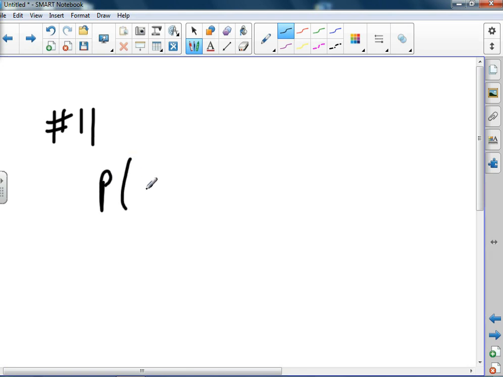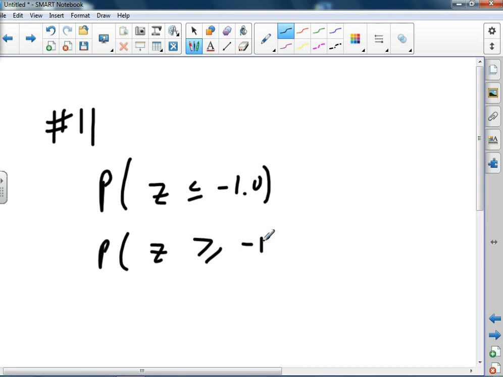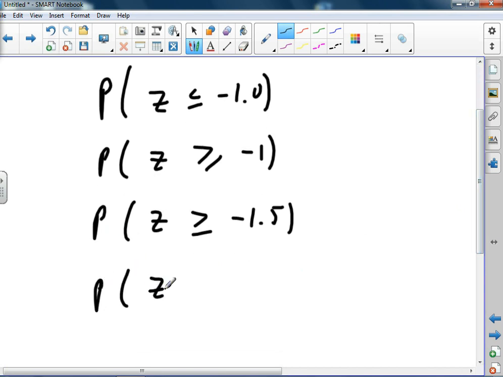All right, so we want to get the probability that Z is less than or equal to 1.0, the probability that Z is greater than or equal to -1, the probability that Z is greater than or equal to 1.5, the probability that -2.5 is less than or equal to Z, and the probability that -3 is less than Z is less than or equal to 0.